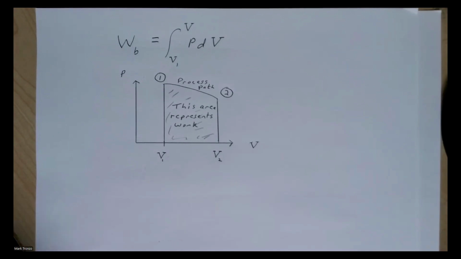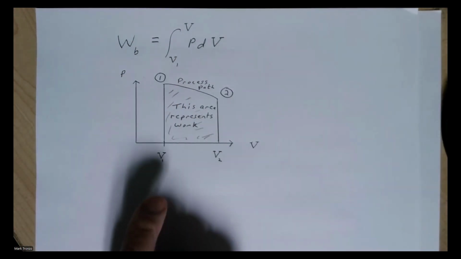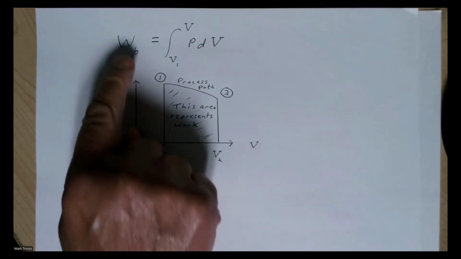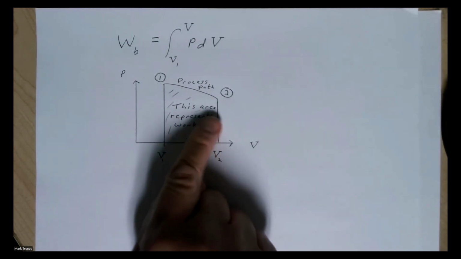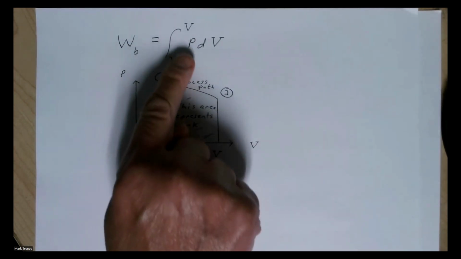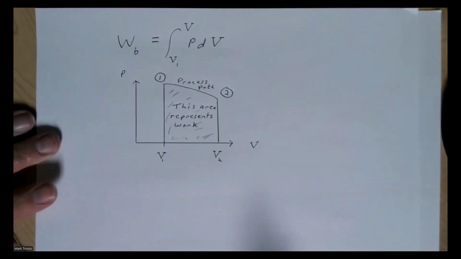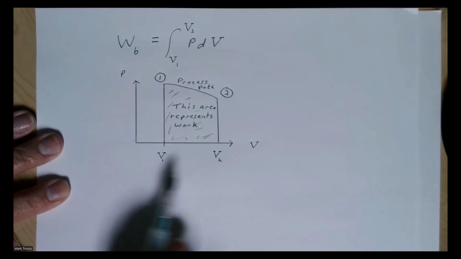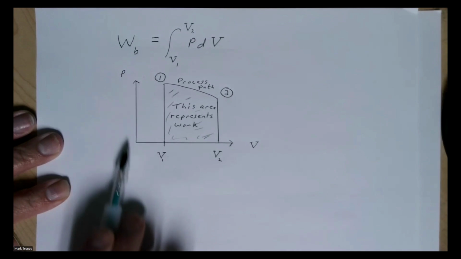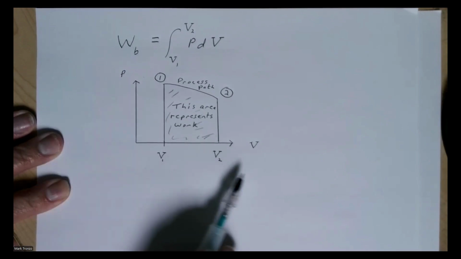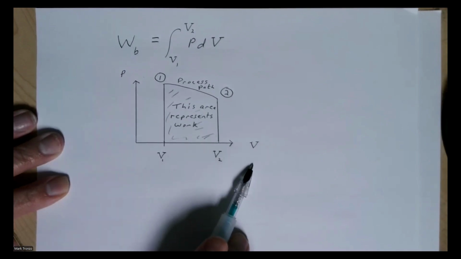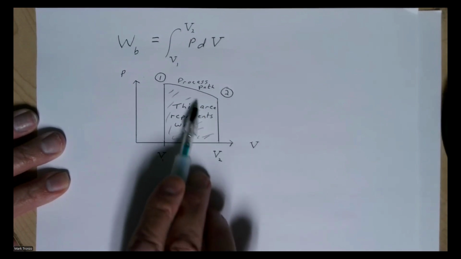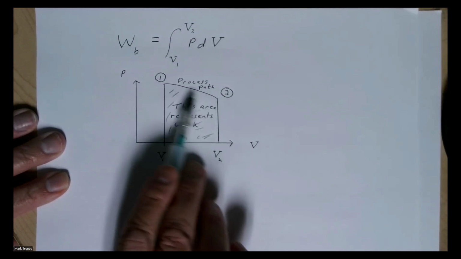As I said, we'll be working with this integral. And just to note, this integral represents an area. If you integrate from V1 to V2, that represents the area under the curve between V1 and V2 on a PV diagram, pressure here, volume here. And it does depend on the path.